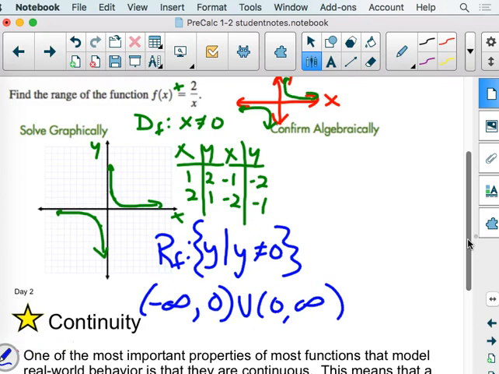So I'm going to show you a new thing. And this is something that we're not going to ask you to confirm algebraically a whole lot, but this is something you're going to use in calculus. So how do we confirm that that is never going to be 0? We're saying that's never going to happen. So if we were to solve that, we could just multiply both sides by x.